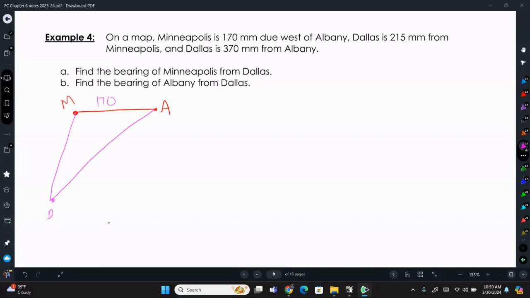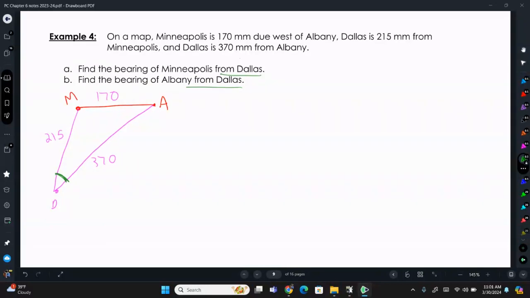This is 170. Dallas is 215 millimeters from Minneapolis, and then this is 370. The question is asking us the bearing of Minneapolis from Dallas and the bearing of Albany from Dallas. So let's figure out what this angle is right here, and that will help us with our bearings.